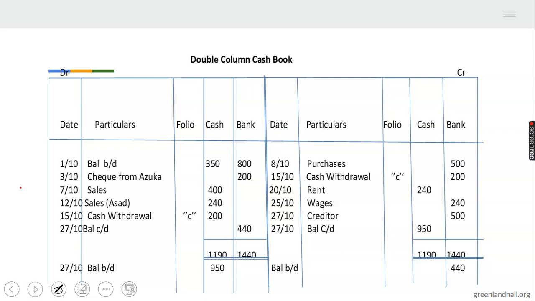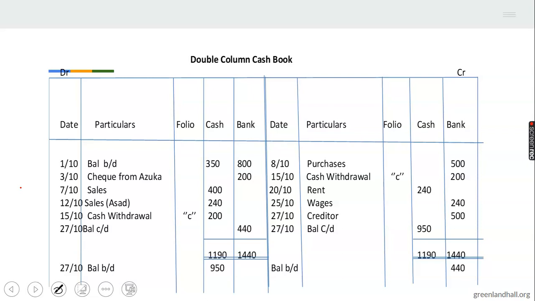Then 12/10, sales to Asad. So Asad paid 240 naira cash. So it's going to be debited to the cash column. Then we have 15/10, cash withdrawal.